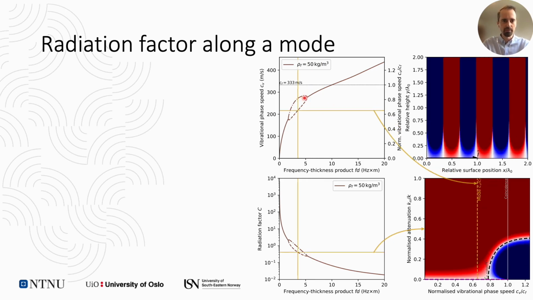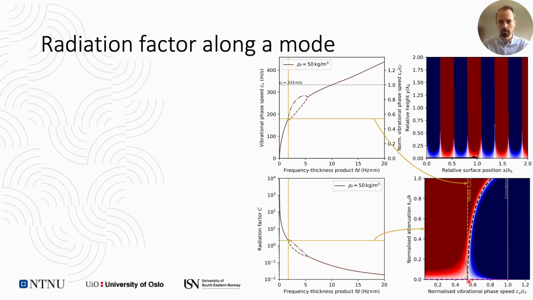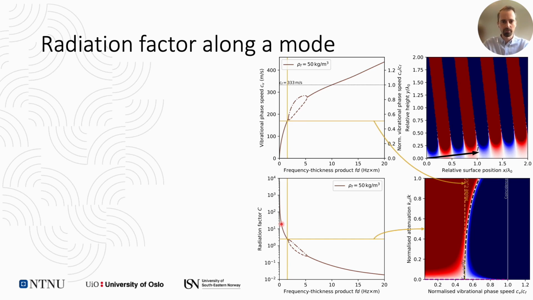Now let's skip to the end of the loop. At this point, the radiation factor C has increased so fast that the cutoff phase speed has caught up with the actual phase speed, which again enables a radiating mode. And as we keep going down in frequency, C increases so fast that the cutoff phase speed outruns the actual phase speed.